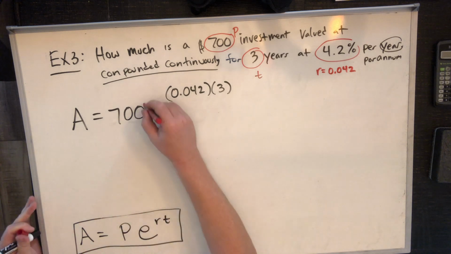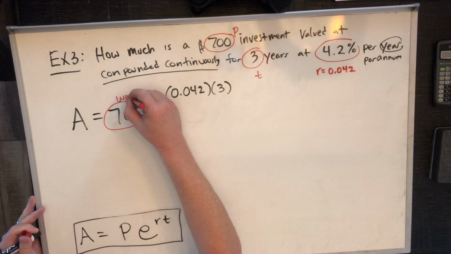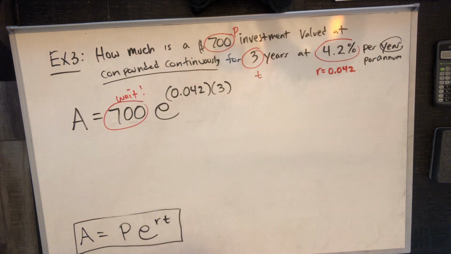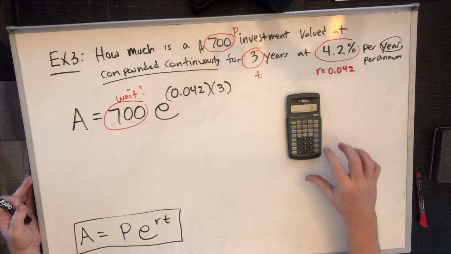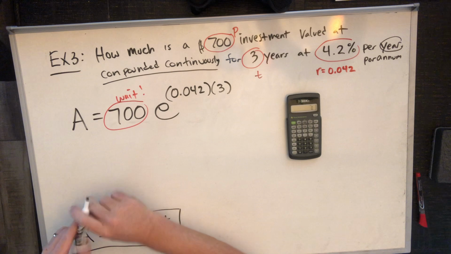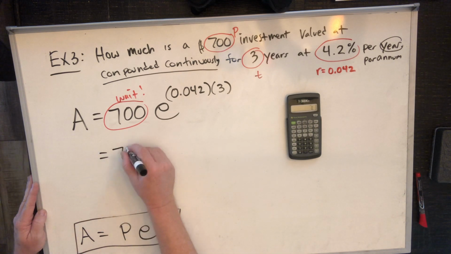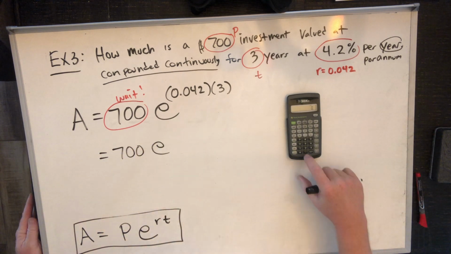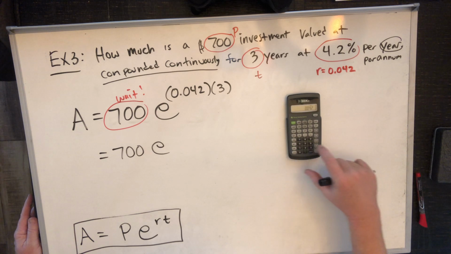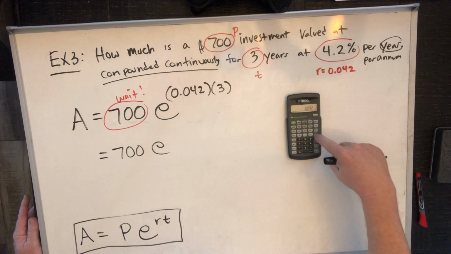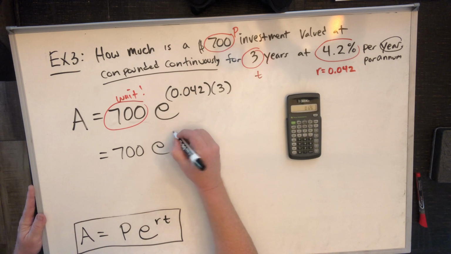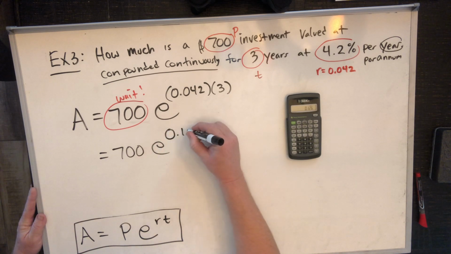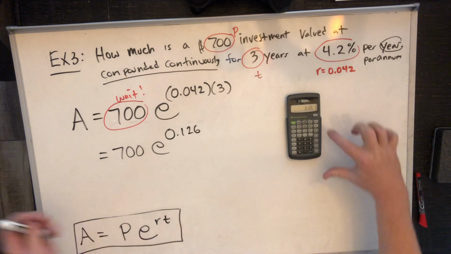Remember, make your little brother wait. The 700 goes last. You're going to need a calculator handy. So let's do our exponent first. 4.2% multiplied by 3 years gives us an exponent of 0.126.